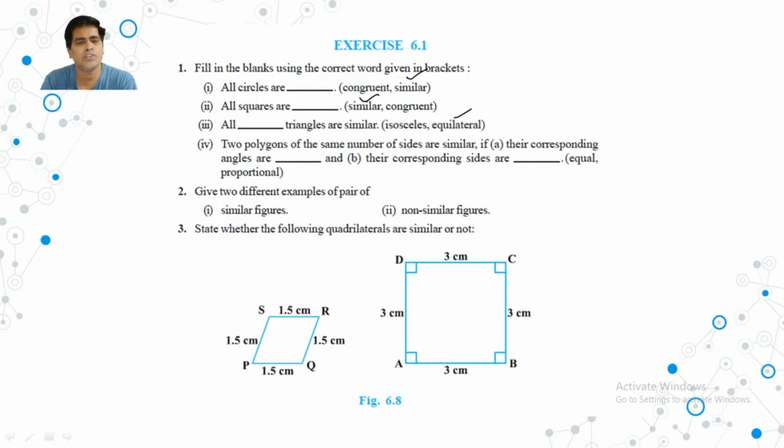Come to the fourth question. Two polygons of the same number of sides are similar if their corresponding angles are dash and their corresponding sides are dash. First one is equal, corresponding angles are equal, and the second fill in the blank is proportional.